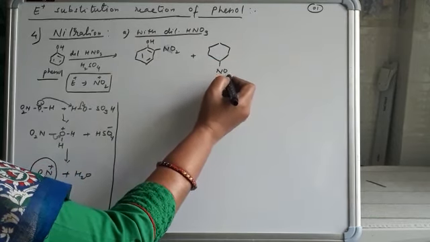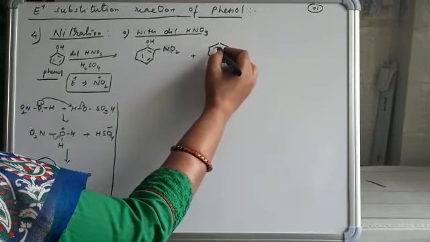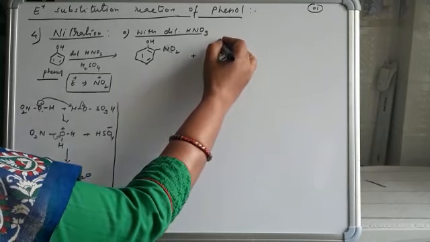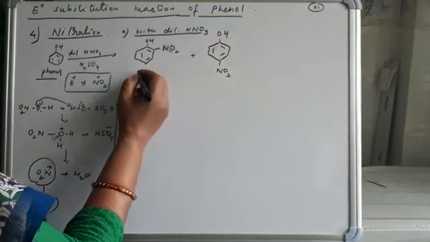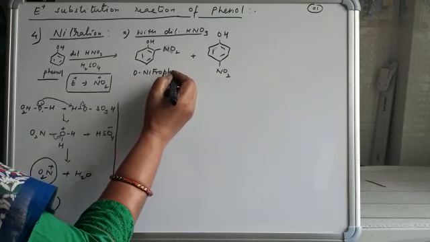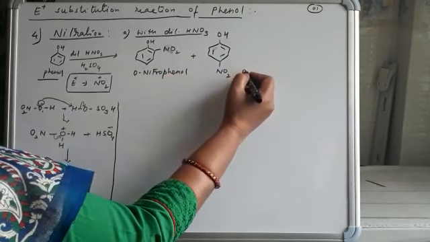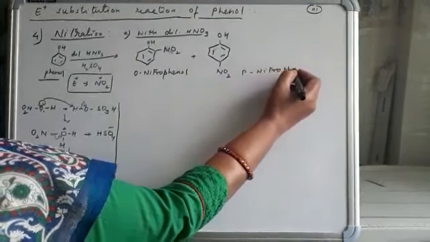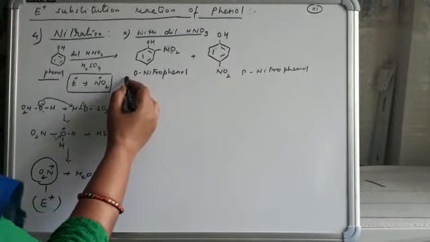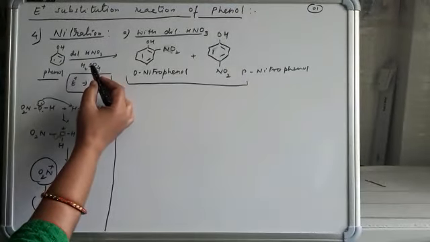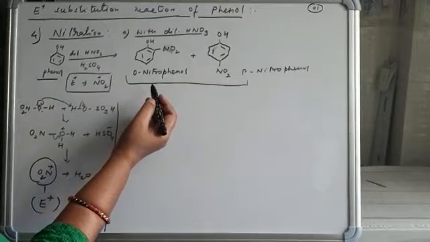As we know, phenol is OP directing. It is ortho-nitrophenol and this para-nitrophenol. Ortho-nitrophenol and para-nitrophenol, this is the mixture obtained when phenol is treated with dilute nitric acid and H2SO4.